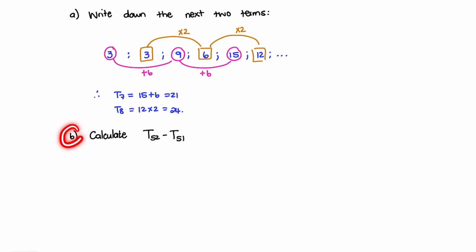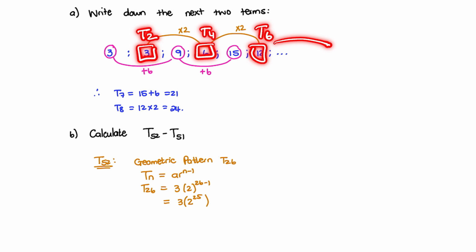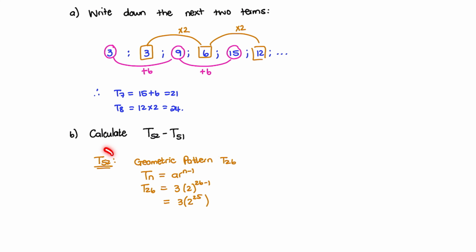The second question says, calculate term 52 minus term 51. So let's quickly discuss term 52. Can you see that every second term, so term 2, term 4, term 6, and so on, forms part of the geometric sequence. So term 52 would be part of the geometric pattern, and it will actually be the 26th term in the geometric pattern.